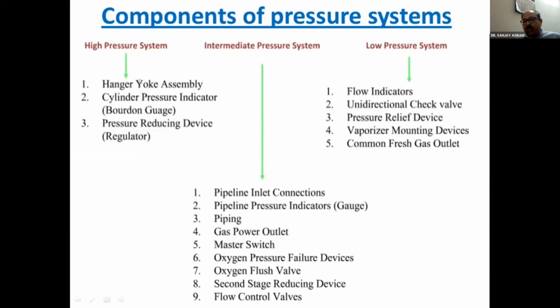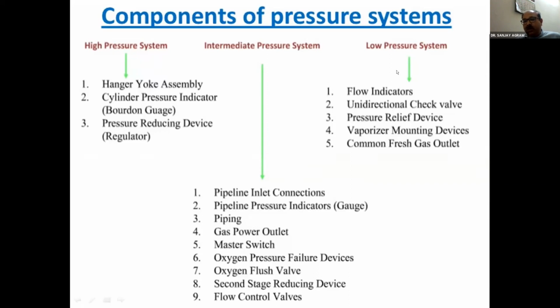The high pressure system consists of the hanger yoke assembly, the cylinder pressure indicators, and the pressure reducing devices. The intermediate pressure system consists of the master switch, the pipeline inlet, the pipeline pressure indicators, the pipings, the gas power outlet, oxygen pressure failure devices, oxygen flush valve, second stage reducing devices, and flow control valves.